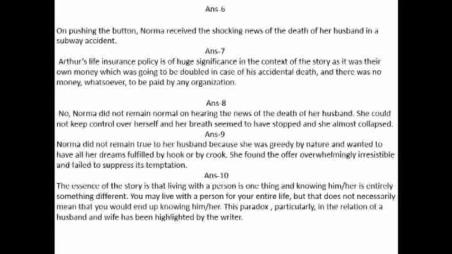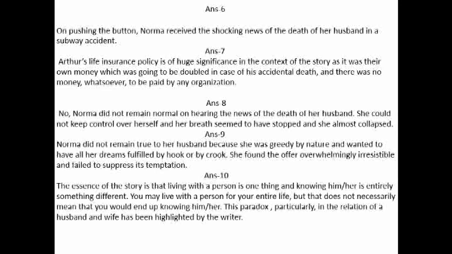Question number 7 is, and this is also a very, very important question, what is the significance of Arthur's life insurance policy? I repeat, what is the significance of Arthur's life insurance policy?